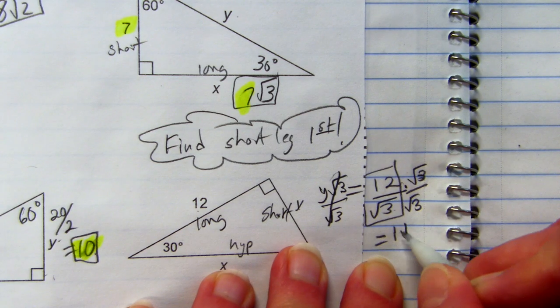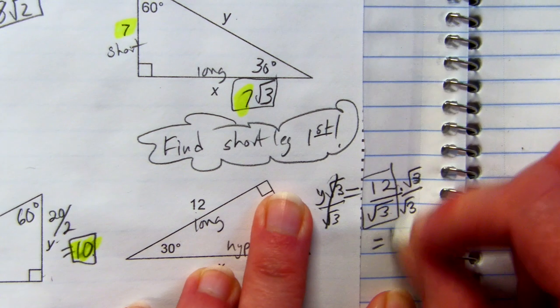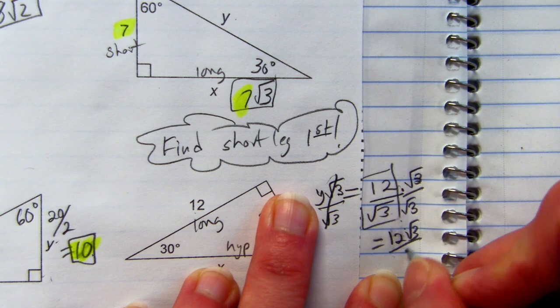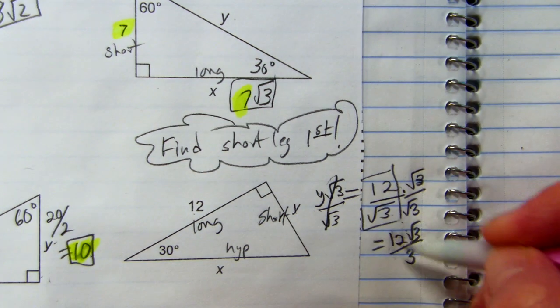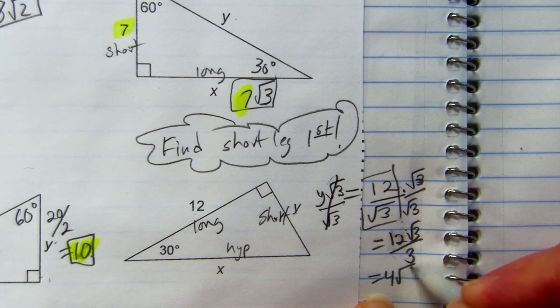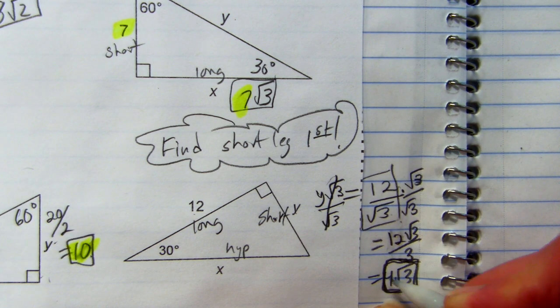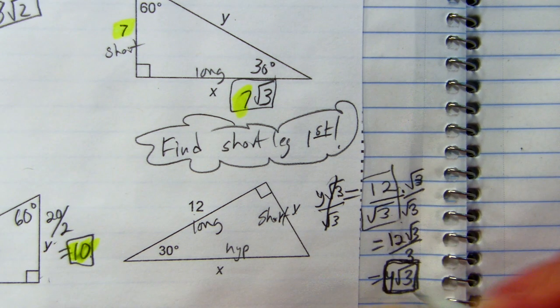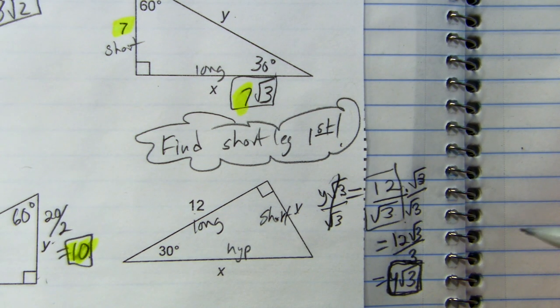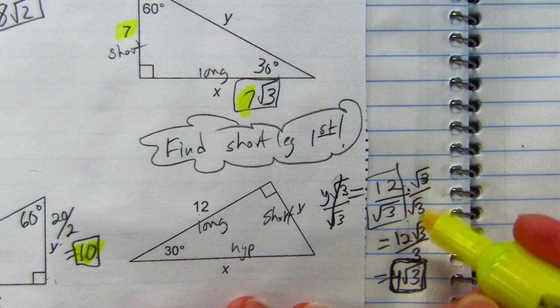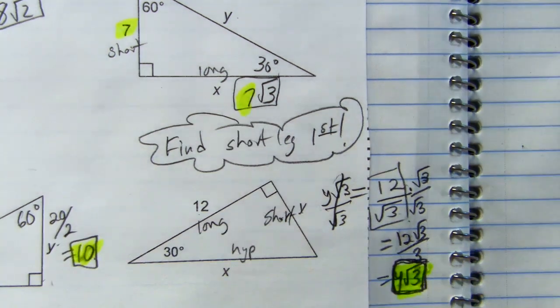We ended up with 12, I don't know why I just wrote a 1. So 12 radical 3 over 3, and then the 12 and 3 reduce, and you get 4 radical 3. So this is the answer key kind of answer, this right here. Multiple choice test kind of answer. So that is my short leg, which is what I've been highlighting on all of them.